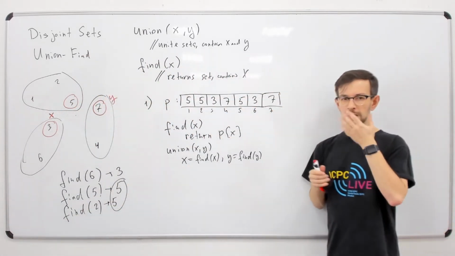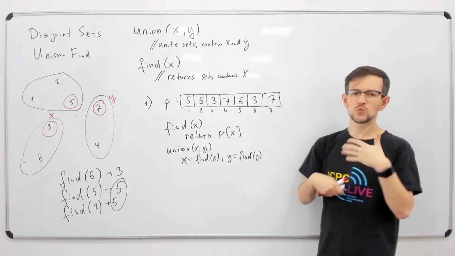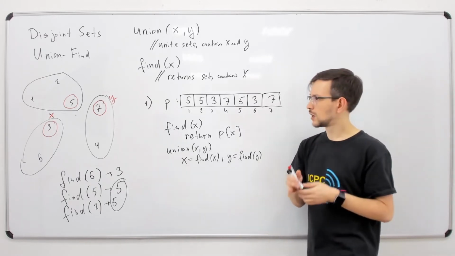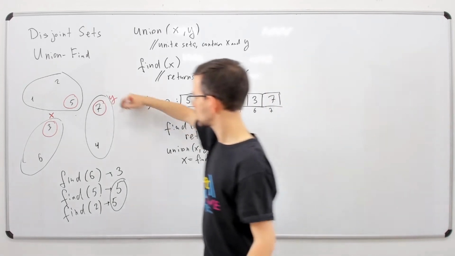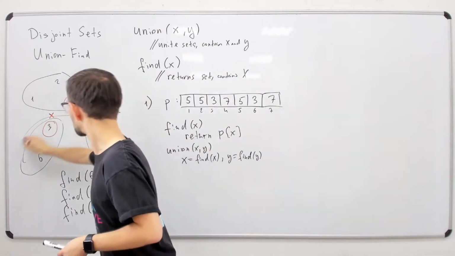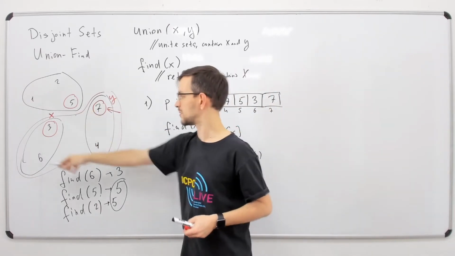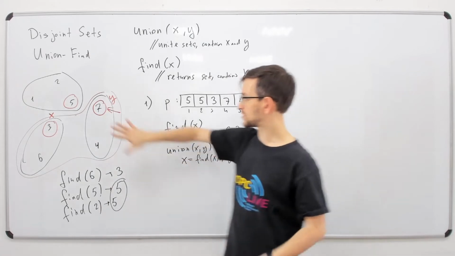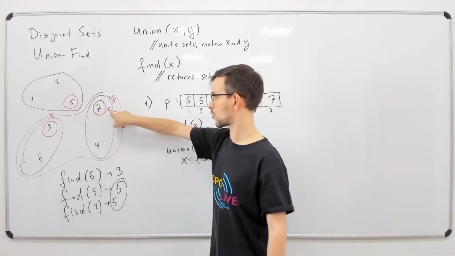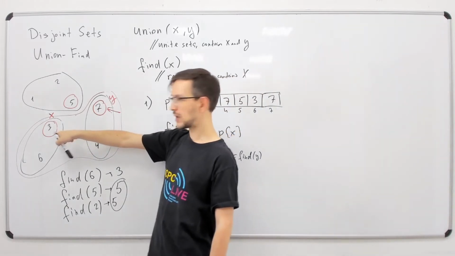We need to choose which element will be the representative of this big set. For example, let's say that element y will be the representative of this union of two sets. So we need to take this big set and set the representative of all its elements to y. For these elements it's already y, but for these elements we need to change the representative from x to y. So we need to find all elements whose representative is x and change it to y.